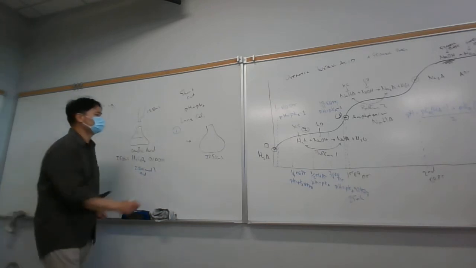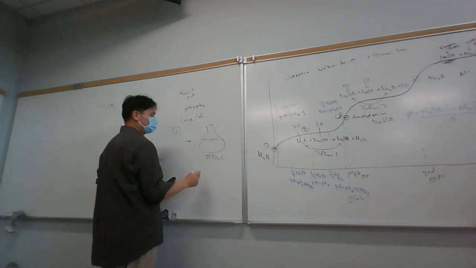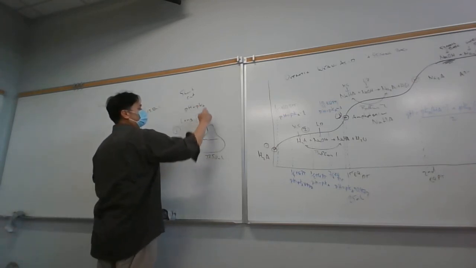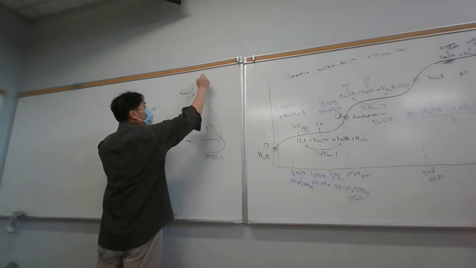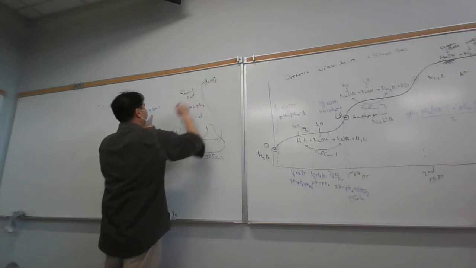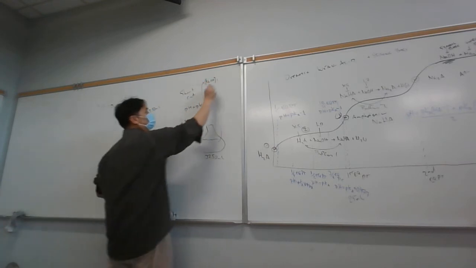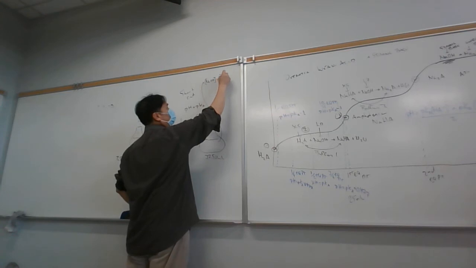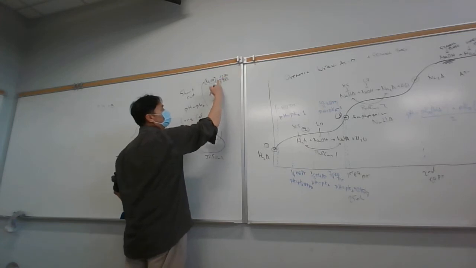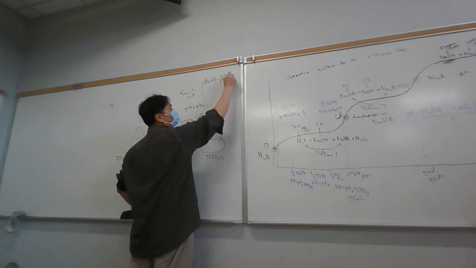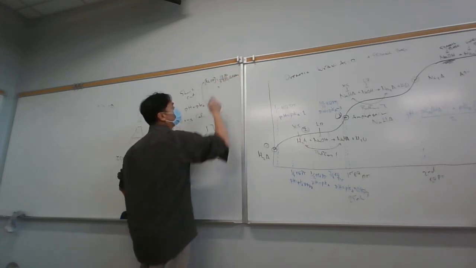Then I'm going to figure out the new concentrations. The new concentration of sodium hydroxide: we added 12.5, and the final volume is 37.5. So it's a 12.5 to 37.5 dilution of 0.100 molar.